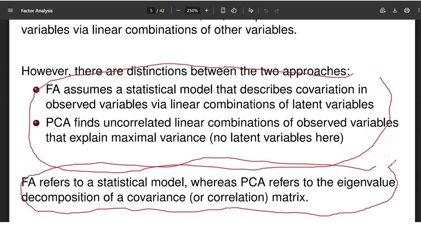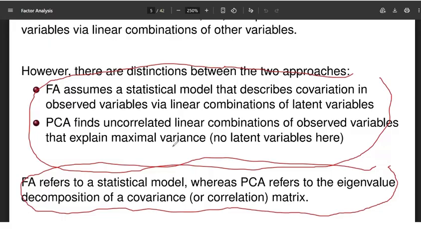But when your purpose is to identify hidden factors that I believe explain the covariation among the variables, of course, we're going to be statistical in doing that because explanation is involved. Whenever a particular variable explains another variable, we need a statistical model. So that's why in factor analysis we seek the solution within a statistical framework.